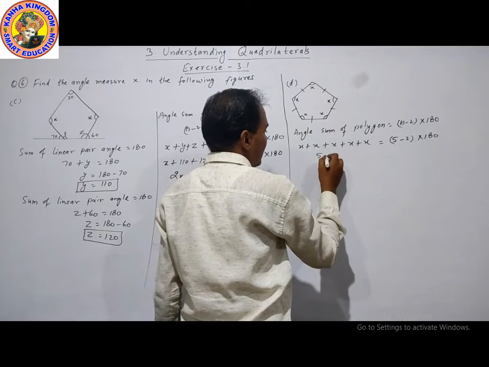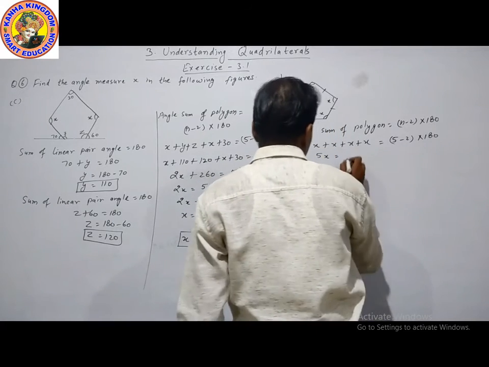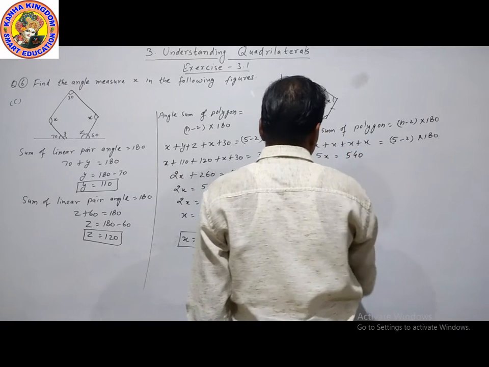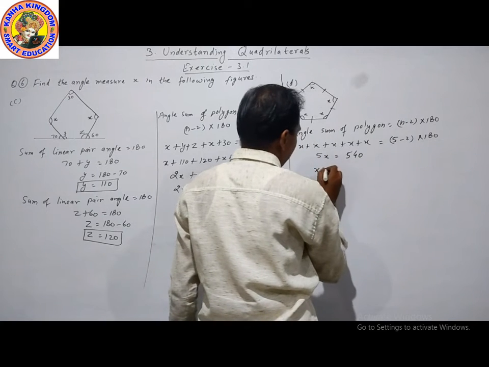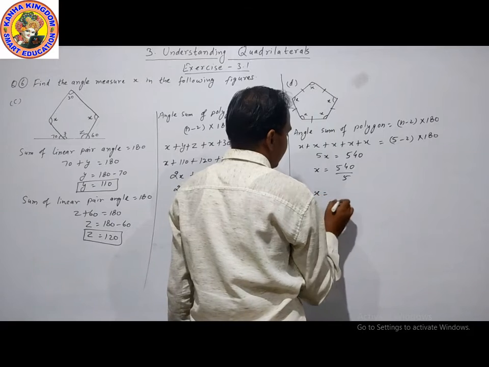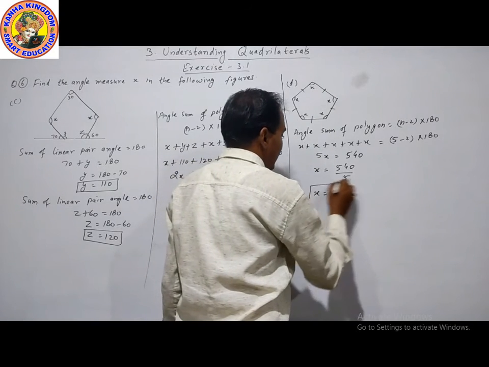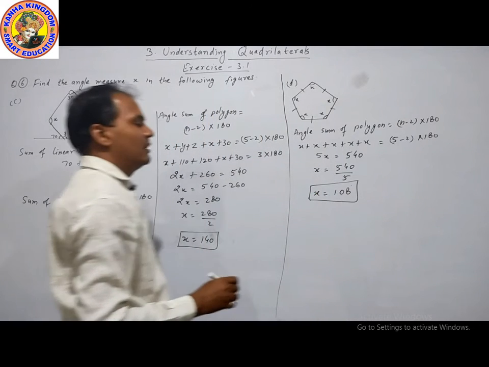This is 5x, 3 into 180, 540. Now we will divide by 5. 540 divided by 5. After division we get 108 degree. This is our answer.